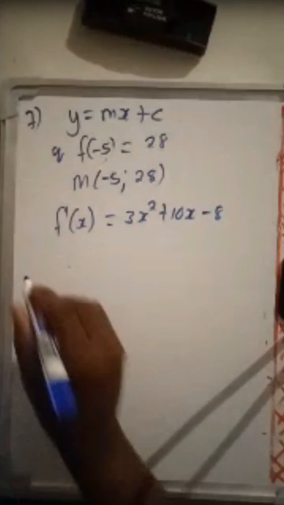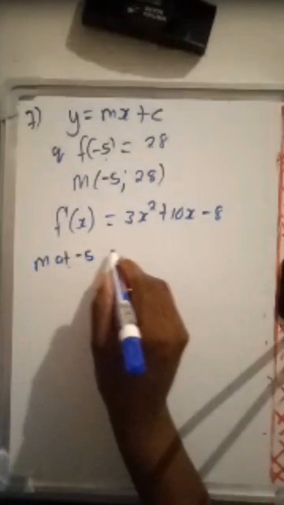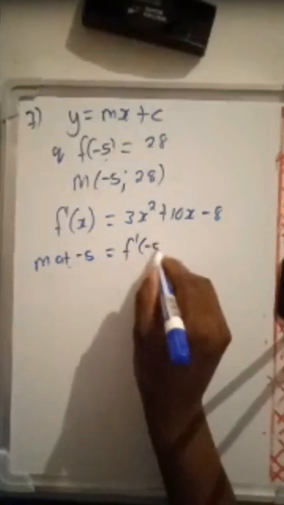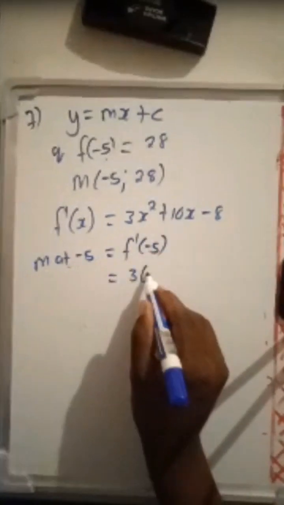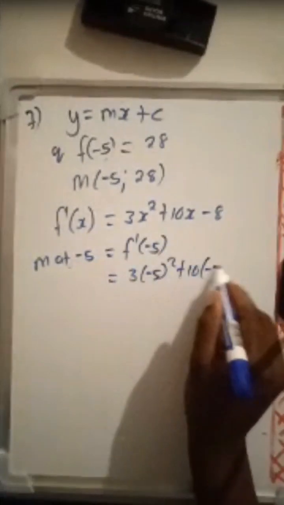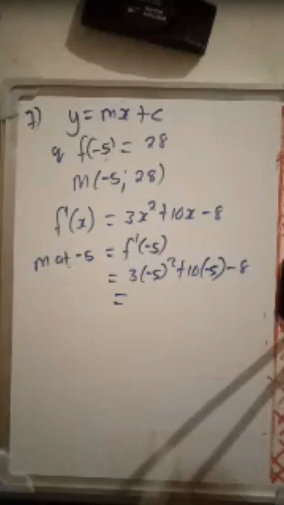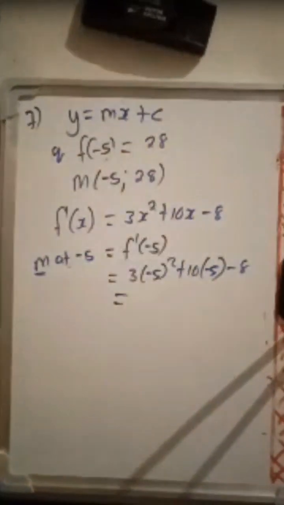So the gradient at negative 5 is equal to the first derivative at negative 5, which is going to be 3 times negative 5 squared plus 10 times negative 5 minus 8. Then you find the gradient. Remember that the gradient is m, which is that one. So what do you get?